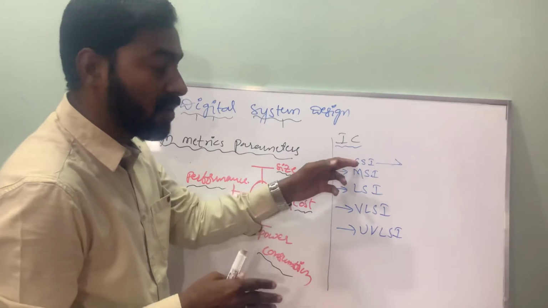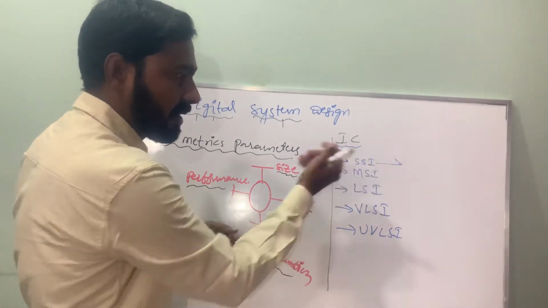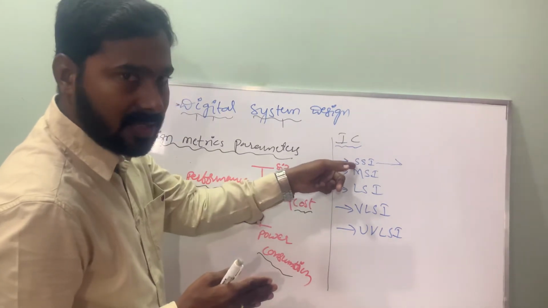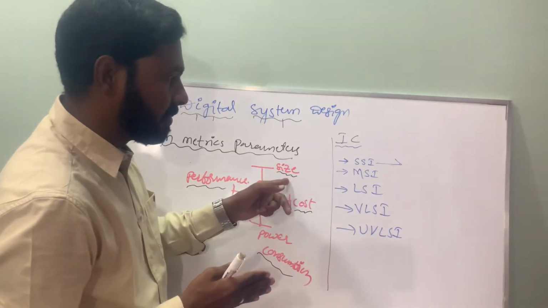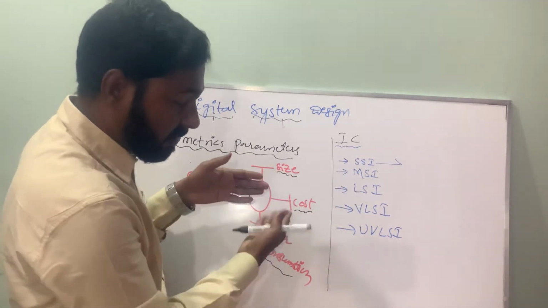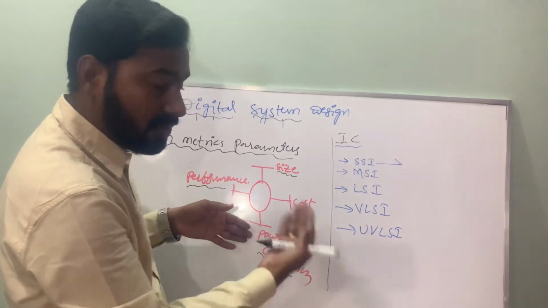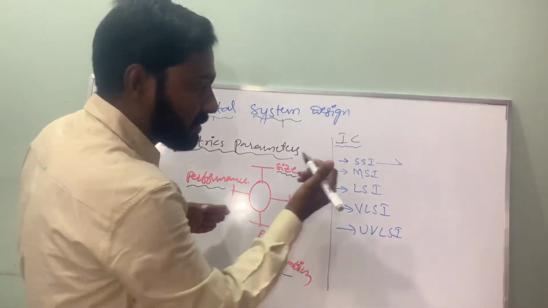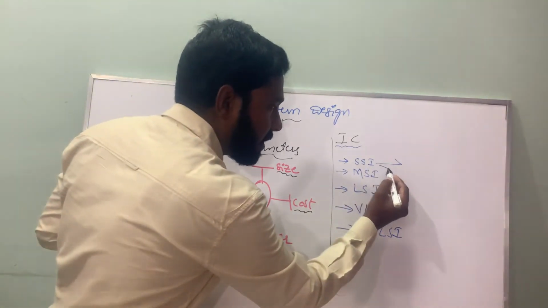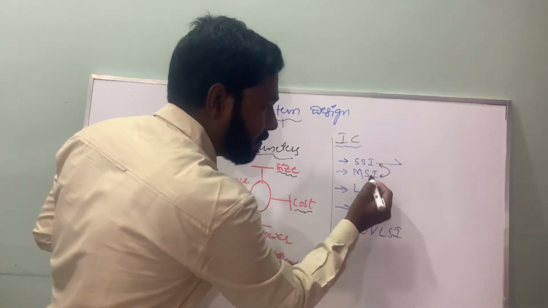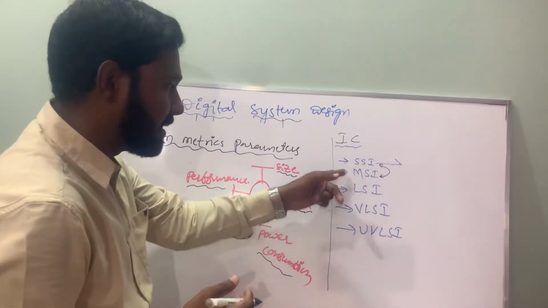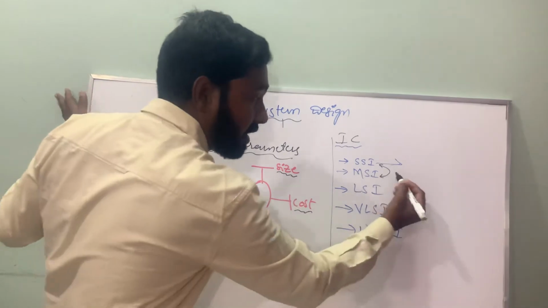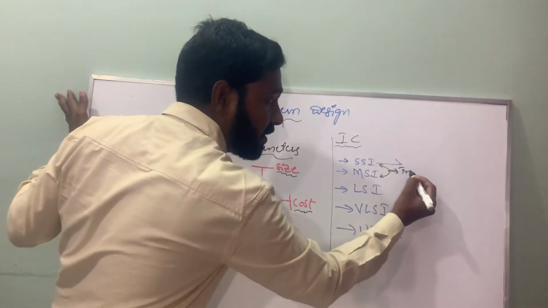A large number of transistors are used, so the size is more and the usage of power is more. The performance is very slow. When compared from SSI to MSI, it is improved. The size is decreased, cost is decreased, and power consumption is decreased because the number of transistors is reduced.